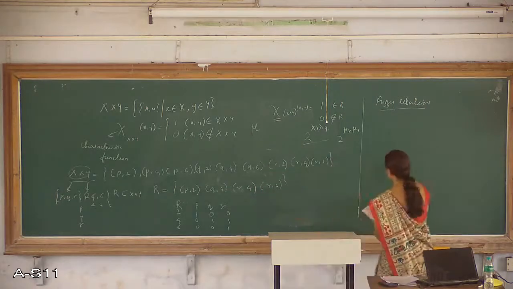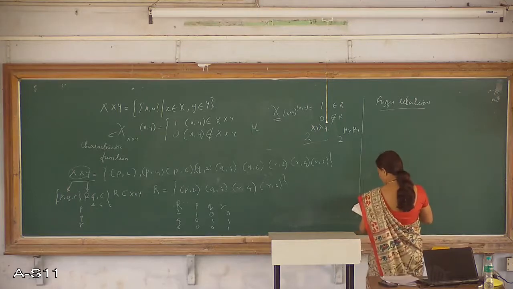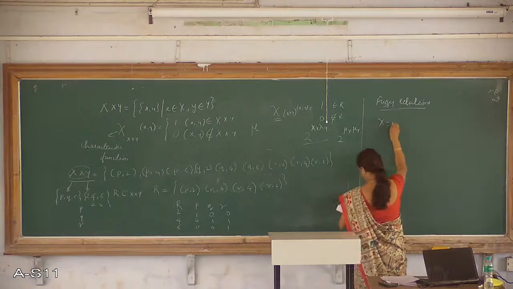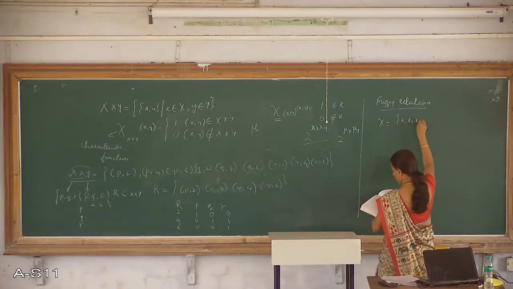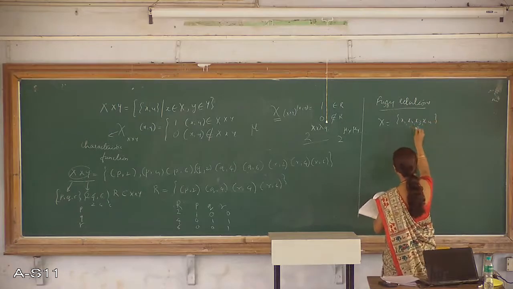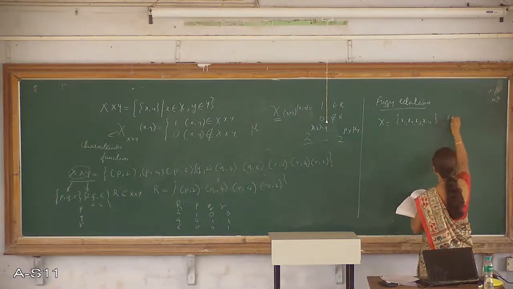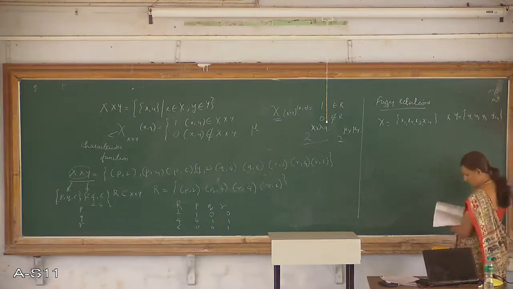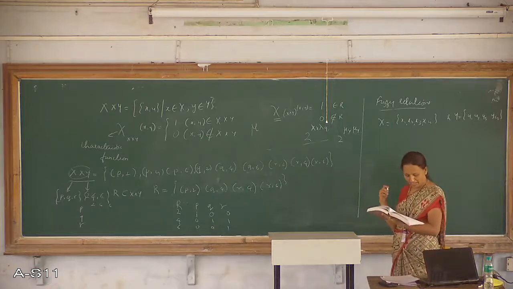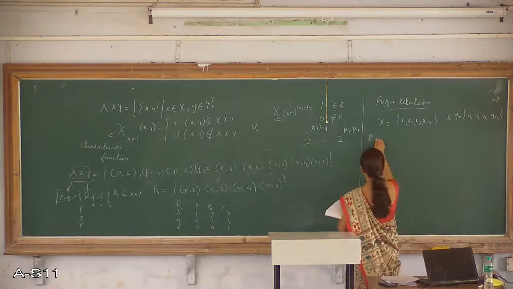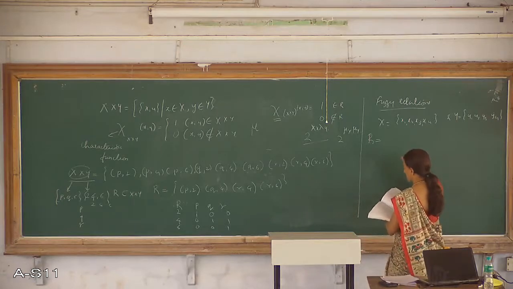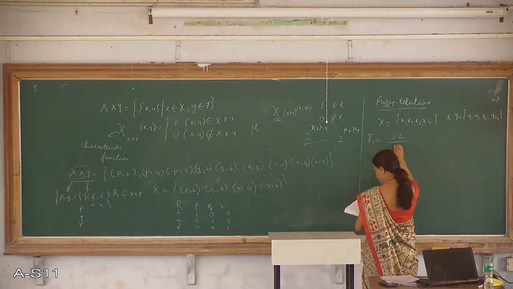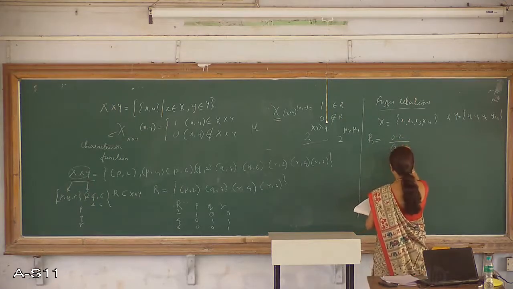On similar lines, we just take one example. Let capital X be equal to x1, x2, x3 and x4, and capital Y be equal to y1, y2, y3 and y4. Let R be the relation from X to Y, a fuzzy relation. So R can be represented as 0.2 divided by x1, y3.